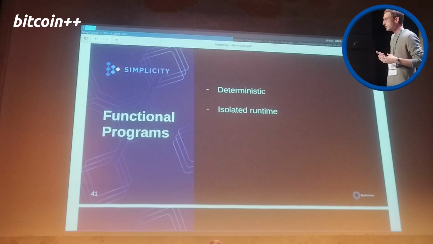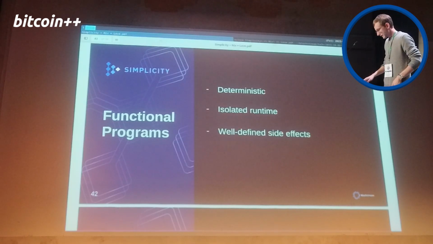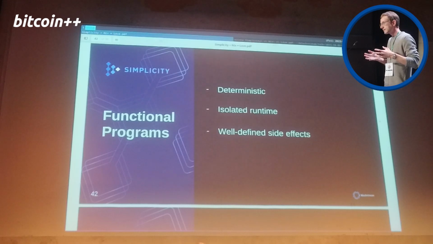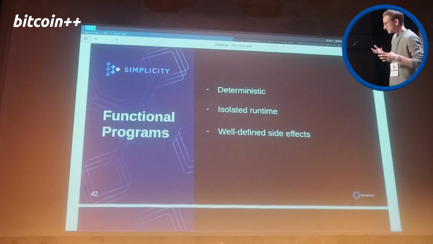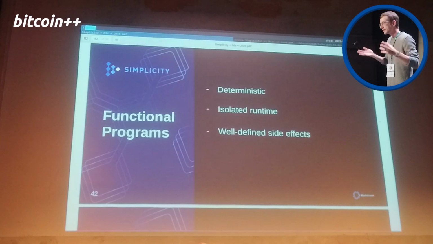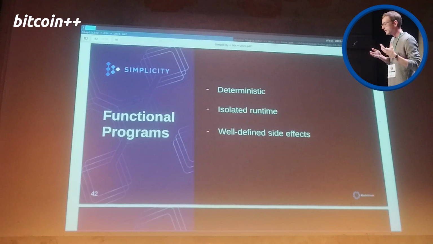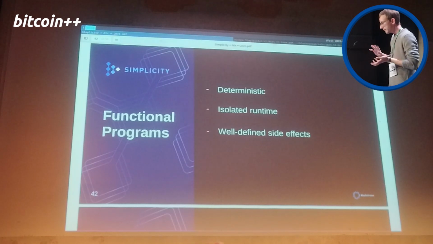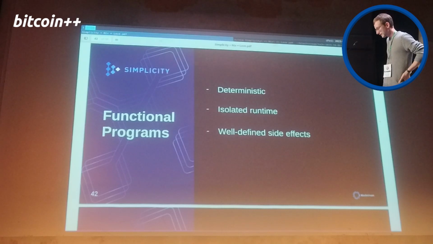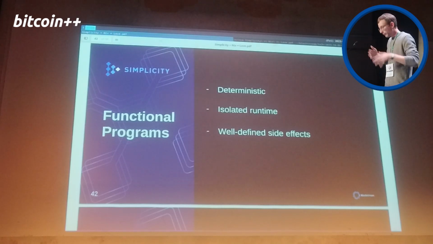We can verify the outputs, we can verify the inputs. All the side effects are well defined. A side effect is when the program modifies the outside world, outside of the environment. So maybe a file is written, or a file is read, or something else in the outside world. And simplicity almost never has side effects.